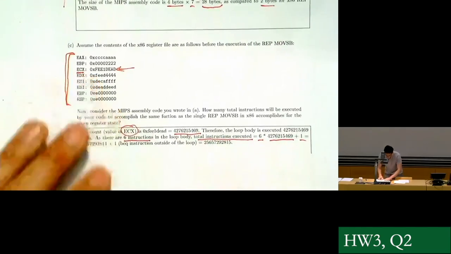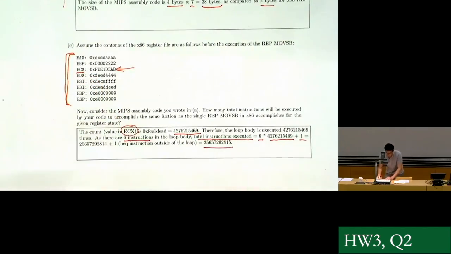So this is our total number of instructions executed for MIPS, compared to one single instruction that would be executed with the x86 ISA.